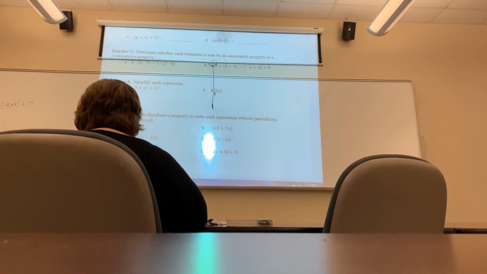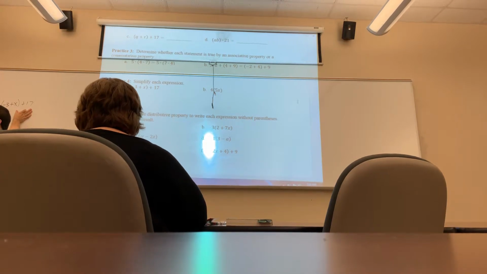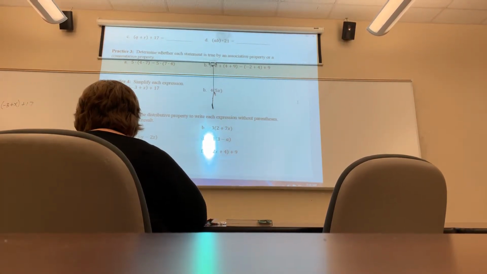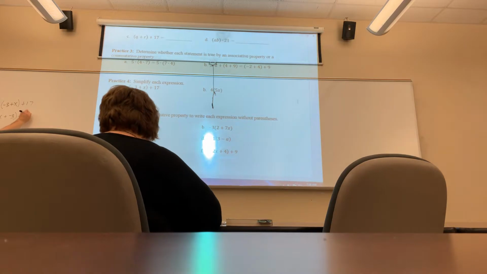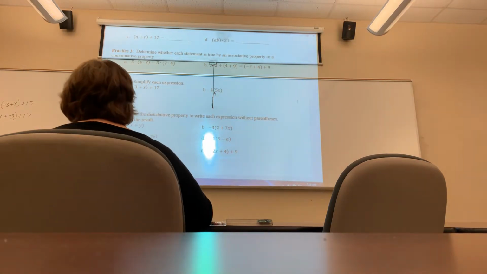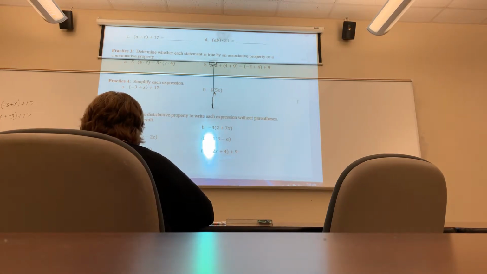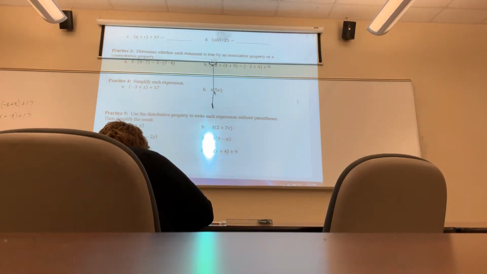If I do the associative property right now, that moves the parentheses to here. X is still grouped with a number. That's no good. So the first thing I'm going to do is commute. Right? Now I've got the physical locations of the like terms next to each other. Next, I would associate.